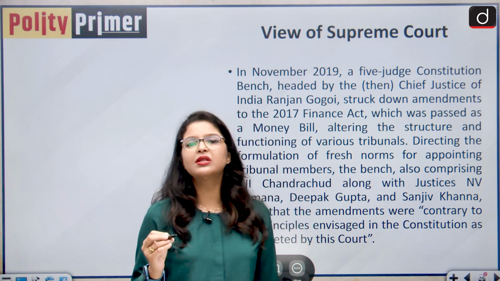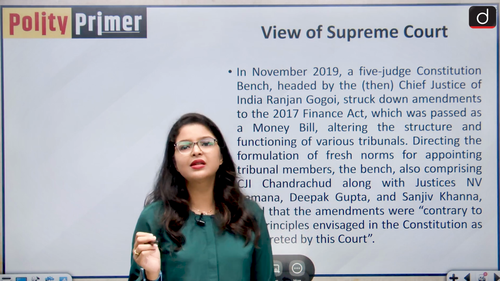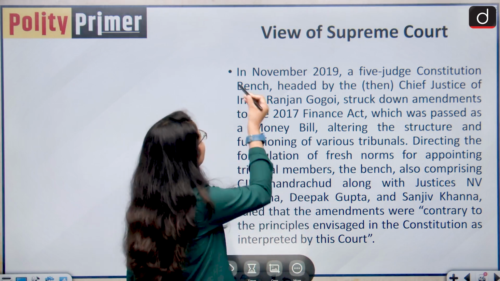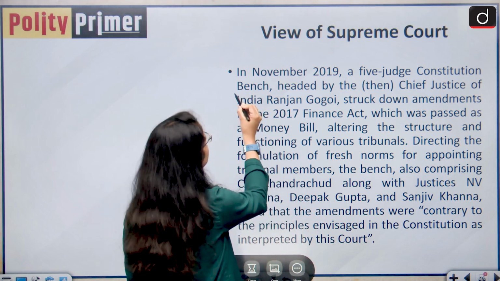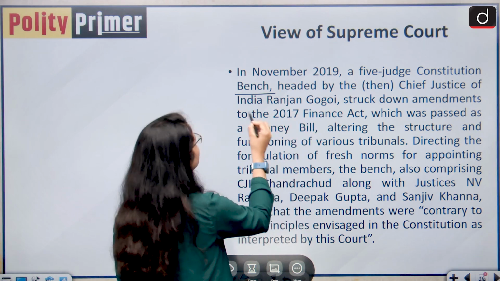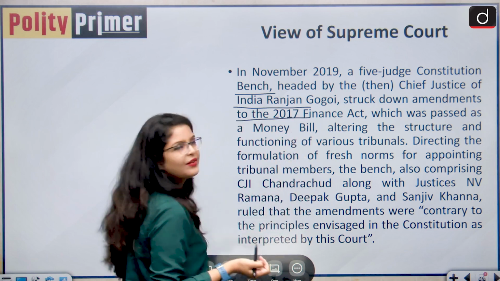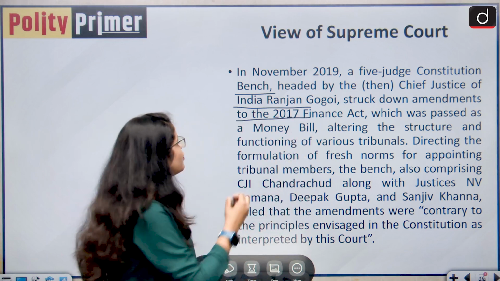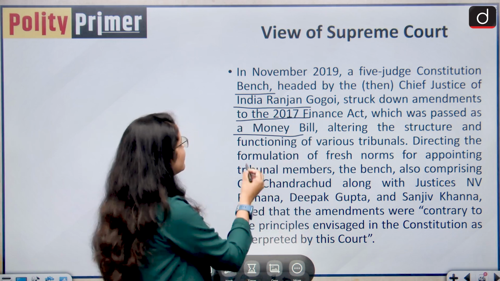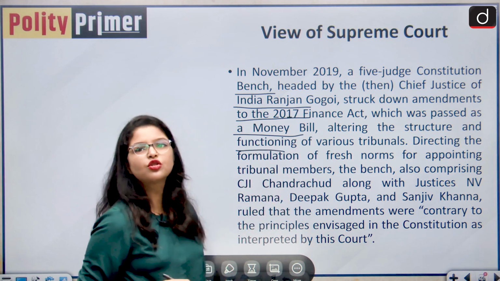When in 2017 the Finance Act was passed, the Supreme Court five-judge constitution bench, headed by the then Chief Justice of India Ranjan Gogoi, struck down amendments to the 2017 Finance Act, which was passed as a money bill, altering the structure and functioning of various tribunals.